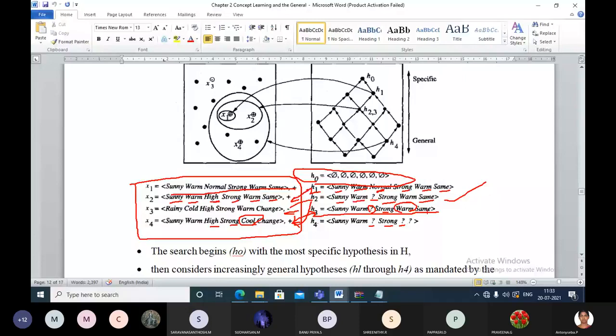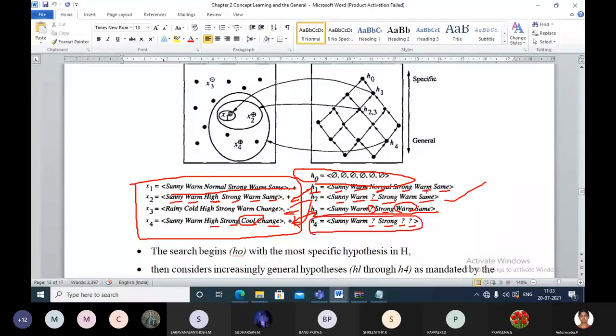Further, you don't have any samples in the data set, so you can stop here. And this H4 is your general hypothesis.